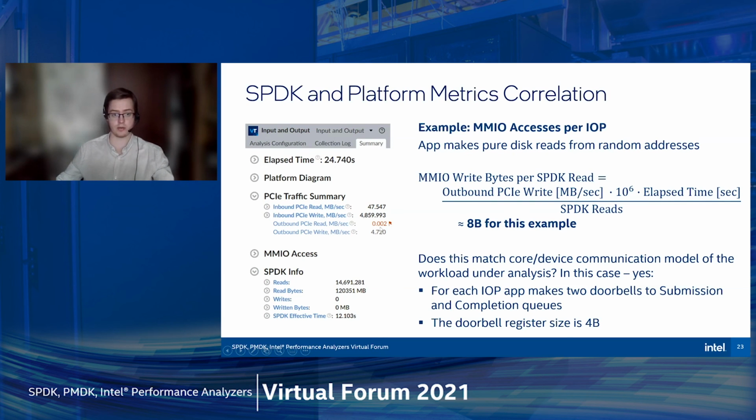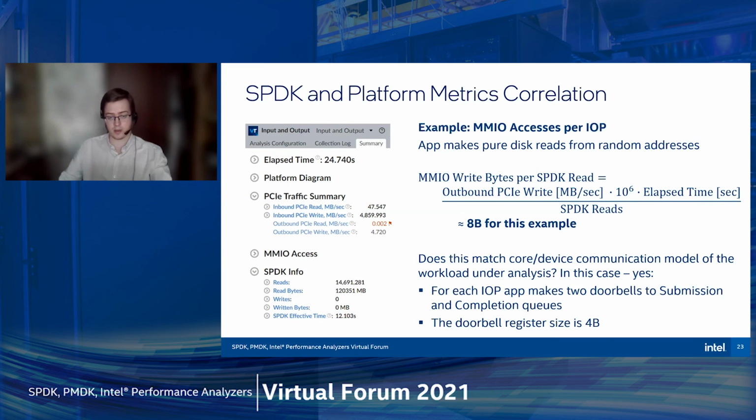So in this case, for these numbers, I have 8 bytes for each IO operation. And the next question is, does this match the communication model of my workload or not? So in this case, it matches, because for each IO operation, the application makes 2 doorbells into submission and completion queues, and the doorbell size is 4 bytes. So this is exactly 8 bytes for each IO read.